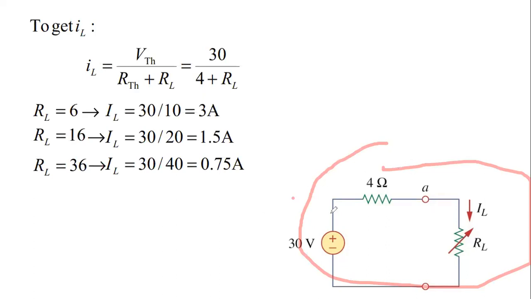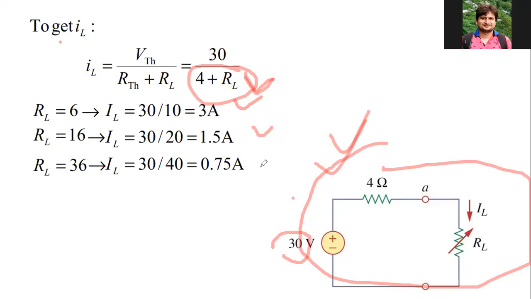Further, once you have this, you can get the current IL. IL will be voltage by total resistance. Voltage is 30, total resistance is 4 plus RL. Whatever the load resistance RL is, you can always find the current IL very easily. So the benefit here is this.